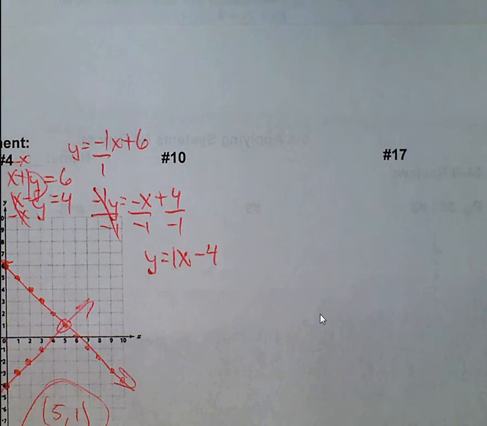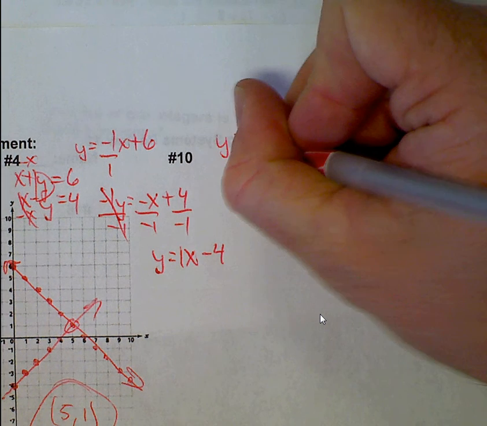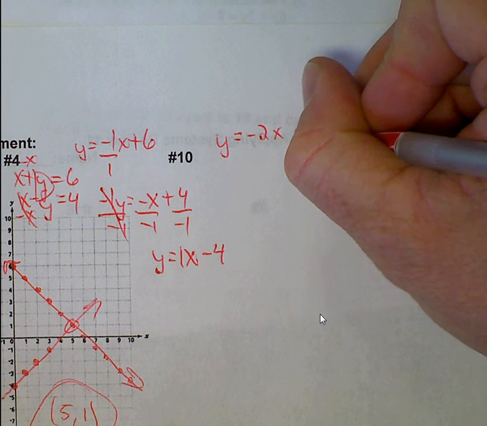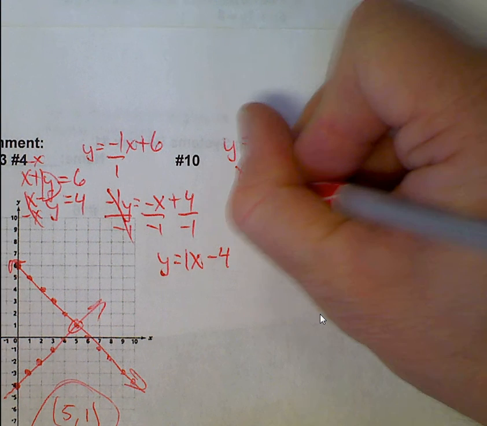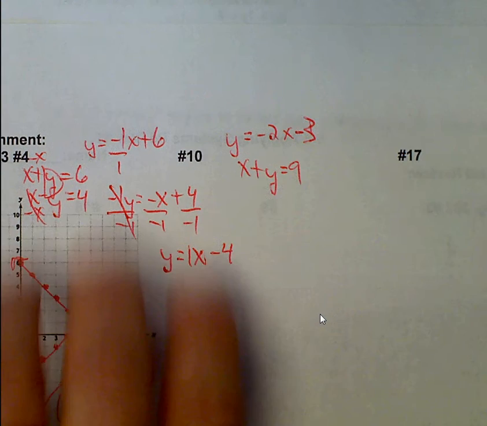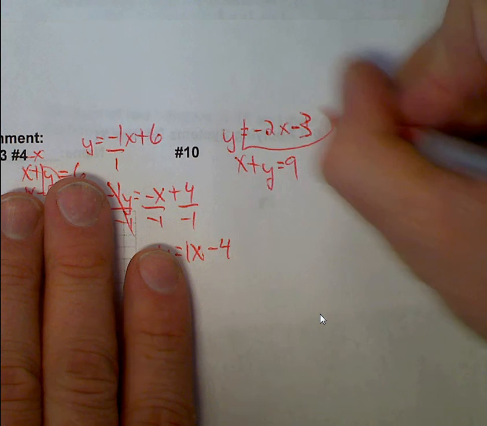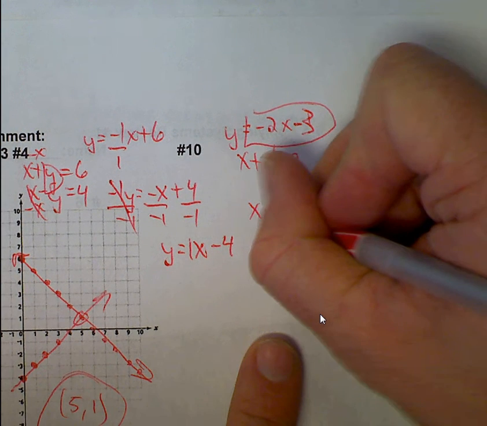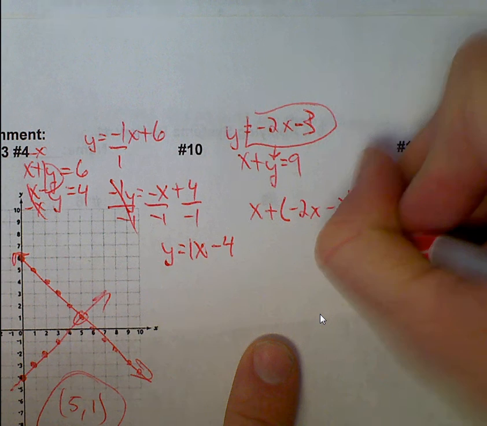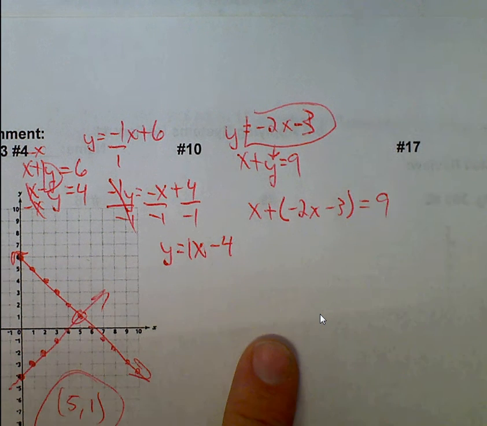Number 10. We must use substitution. Y equals negative 2x minus 3, x plus y equals 9. So I'm going to go ahead and use substitution. That's what they want us to use. X plus, we got negative 2x minus 3 equals 9.